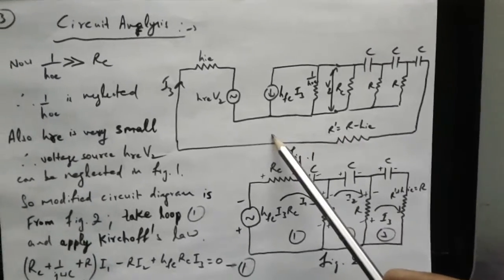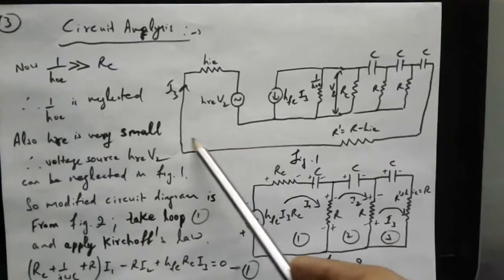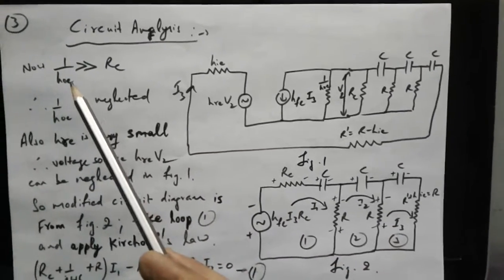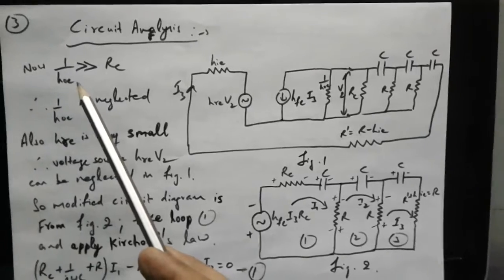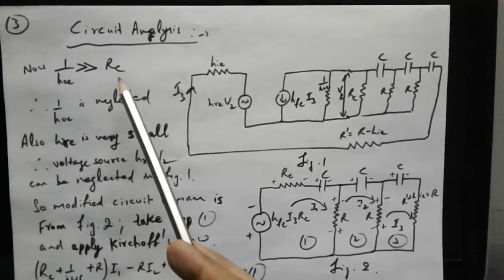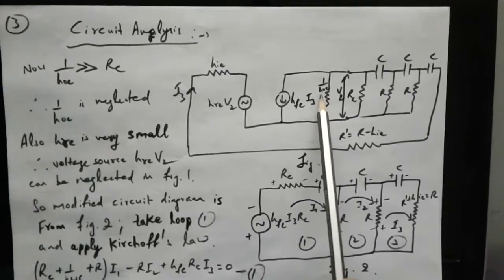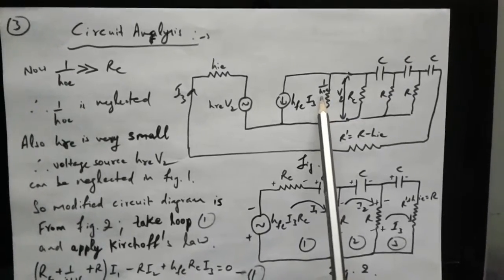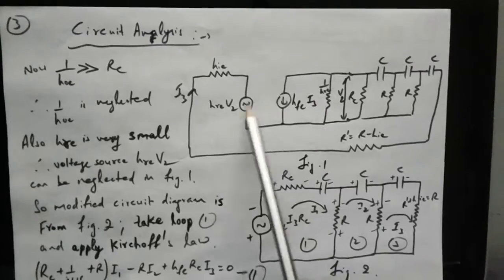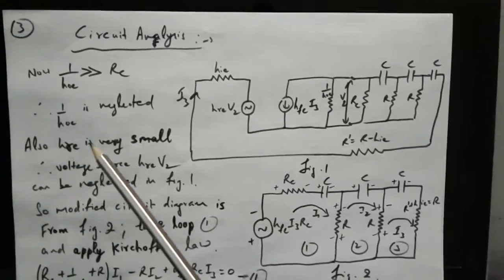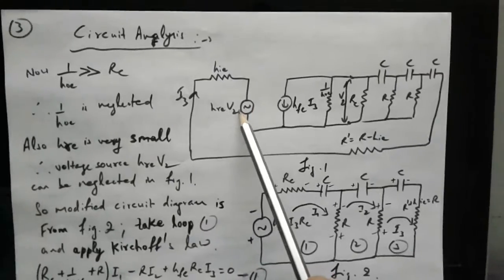Now we do some simplification. We assume that 1 over HOE is very much greater than RC. In that case no current will pass through this 1 over HOE, it will become an open circuit, and also HRE, the reverse voltage ratio, is very small.